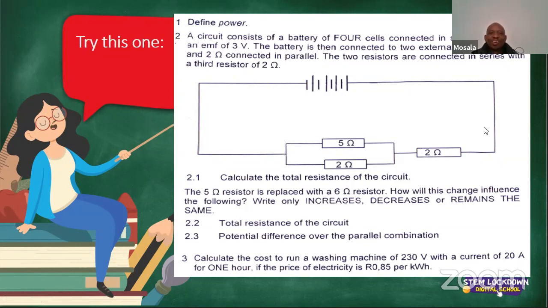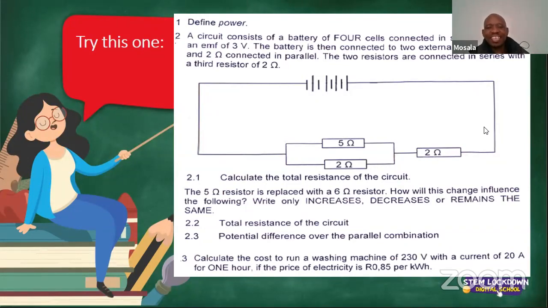A circuit consists of 4 cells connected in series, each with an EMF of 3 volts. The battery is then connected to 2 external resistors of 5 ohm and 2 ohm connected in parallel.